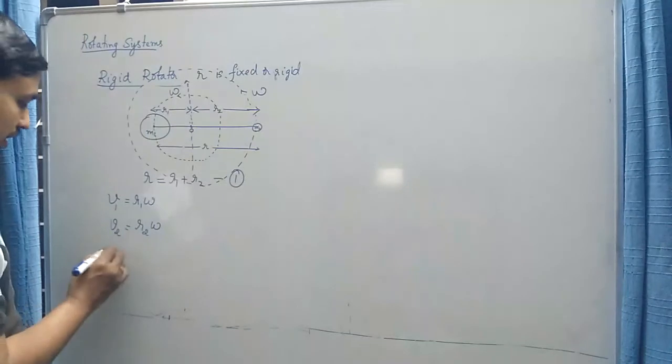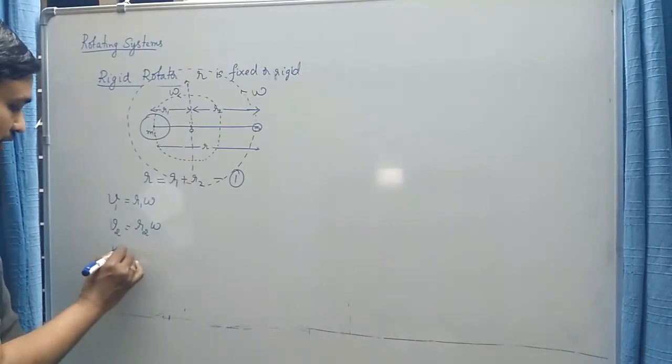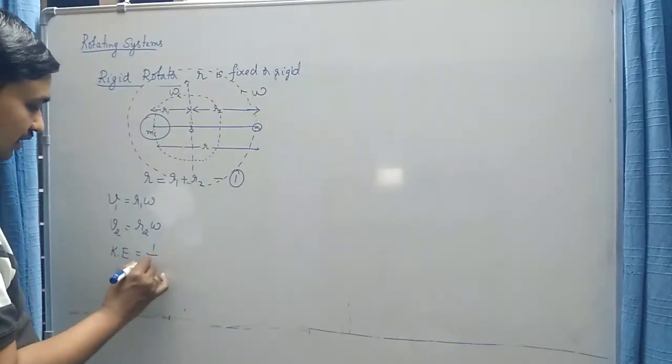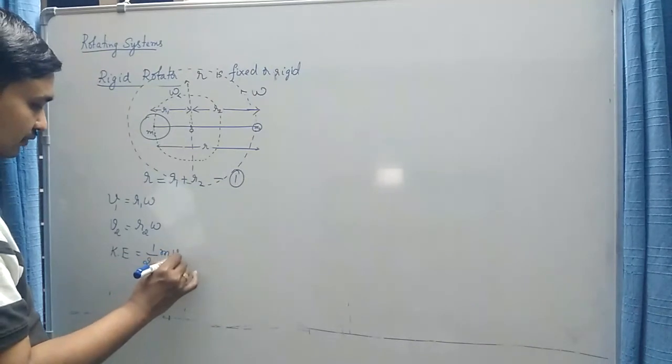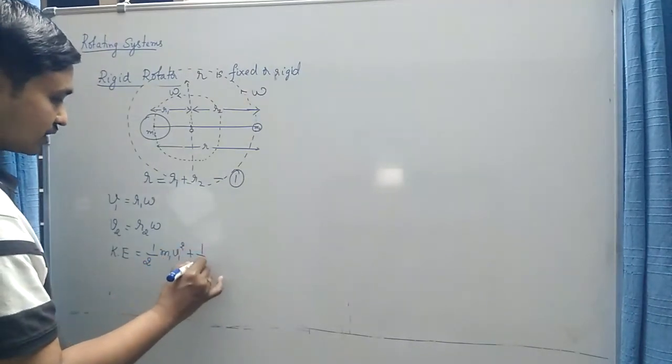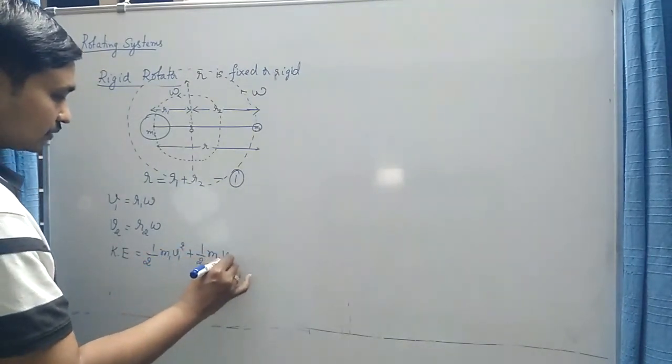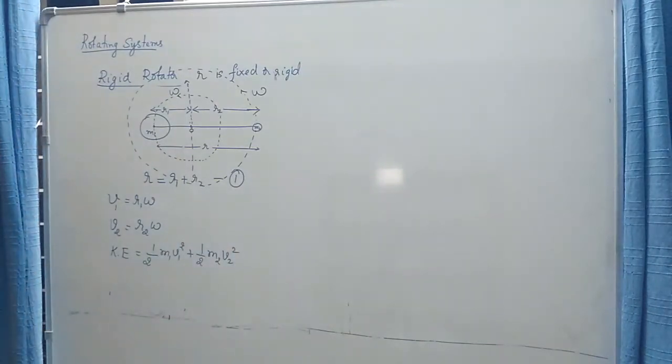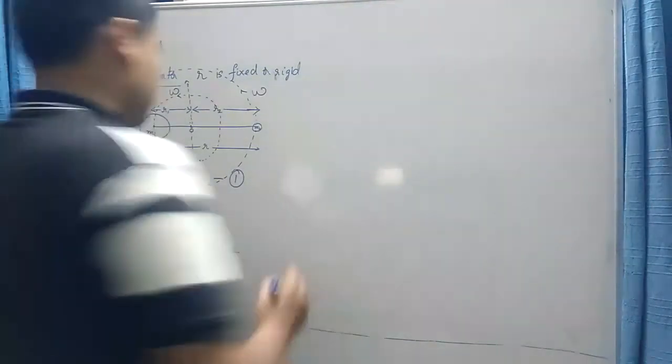So the total kinetic energy is the kinetic energy of the first particle plus the kinetic energy of the second particle, half m1 v1 square plus half m2 v2 square.